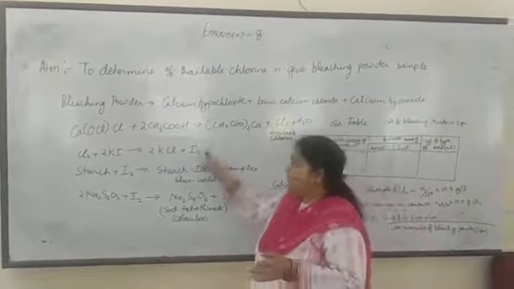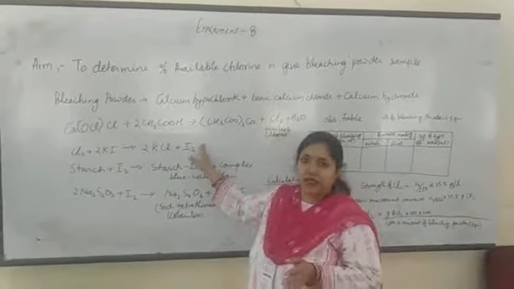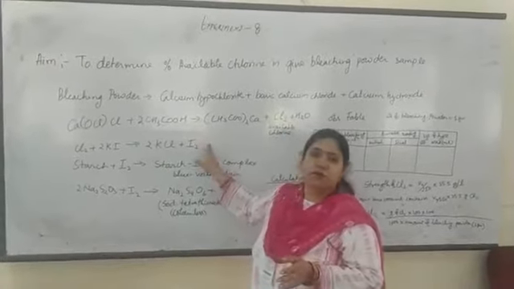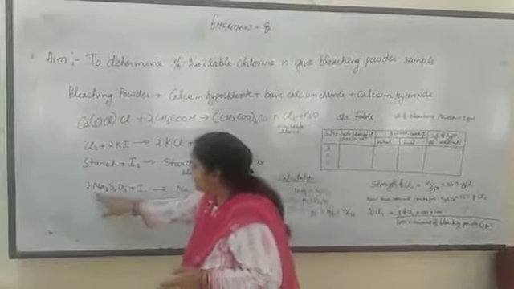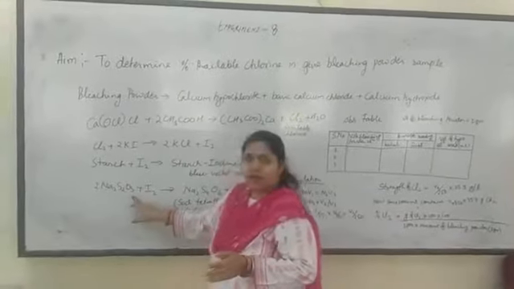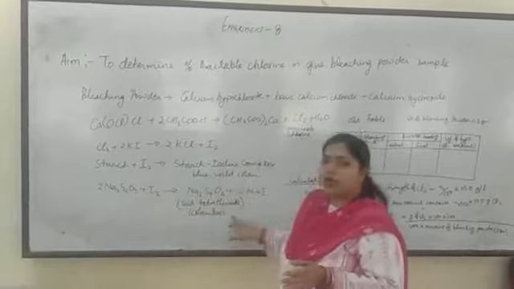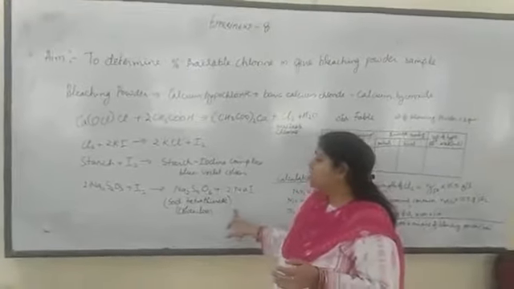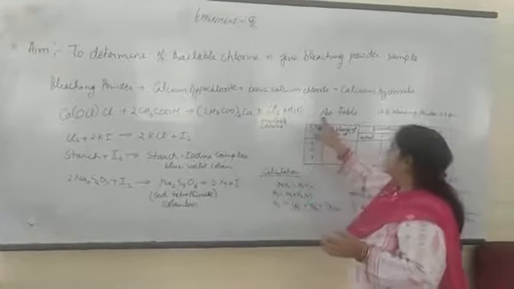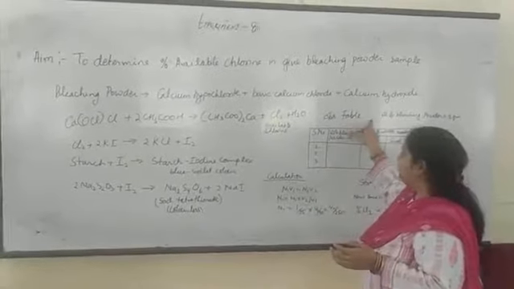When iodine is present in the flask, the color of the solution will be blue. But as all the iodine is consumed by the sodium thiosulfate, it will give a colorless solution at the end point.